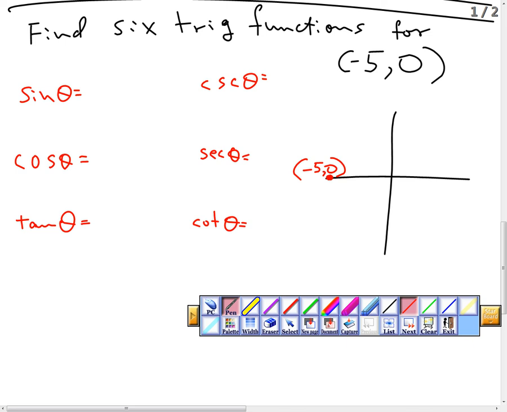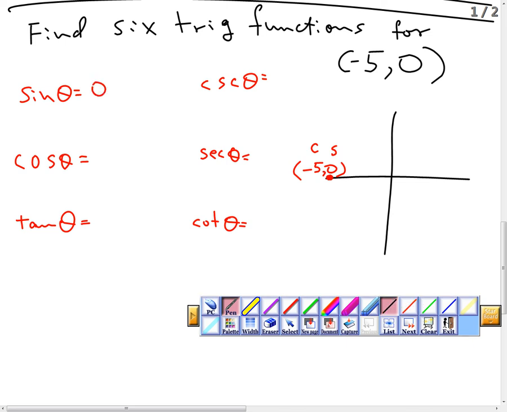Okay, Travis, let's look at this coordinate point right here, negative 5, 0. Where would you put cosine and sine? Cosine is negative 5. Cosine is always synonymous with x. Sine is always synonymous with y. Okay, good. So therefore sine would be what? 0, right.